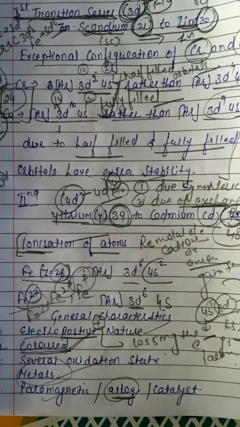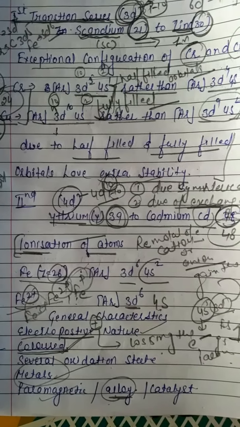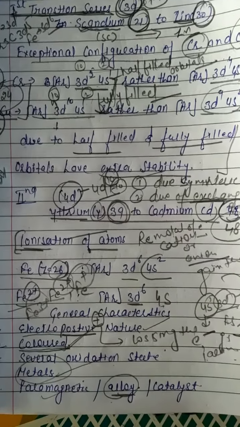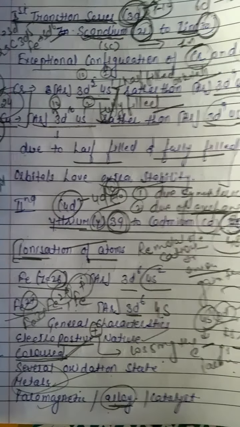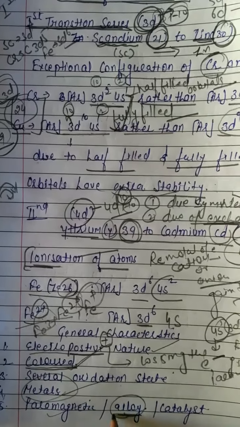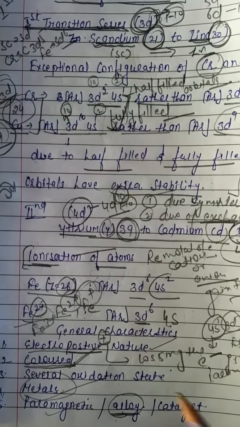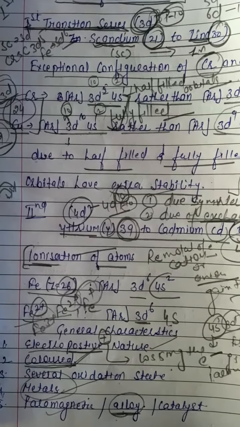What is an alloy? It is a homogeneous mixture of two metals, or a metal and a non-metal. Mostly d block elements combine with other metals or non-metals to form an alloy.